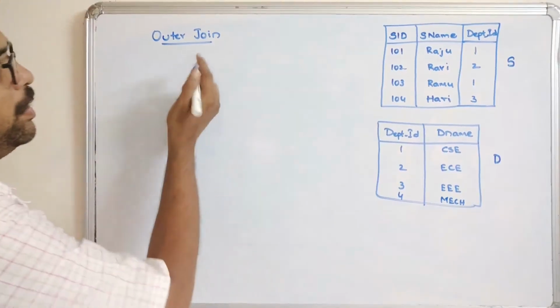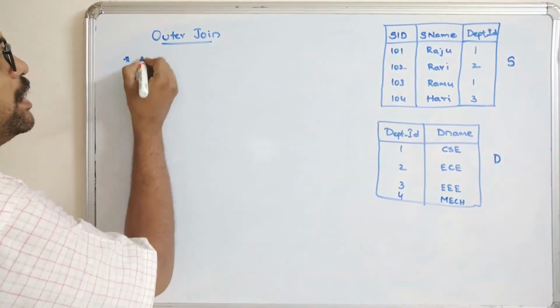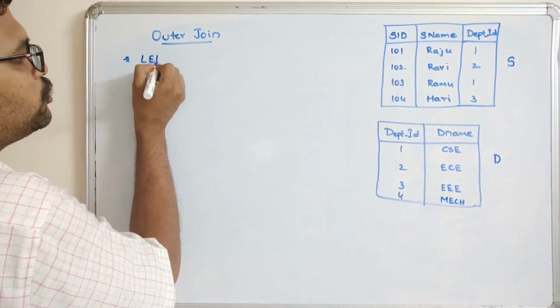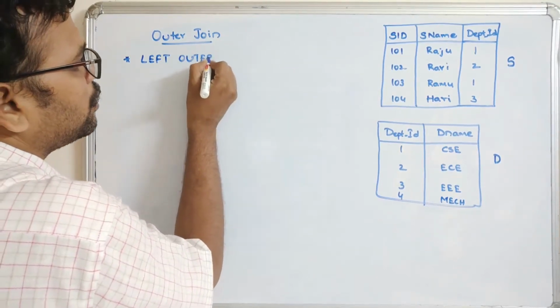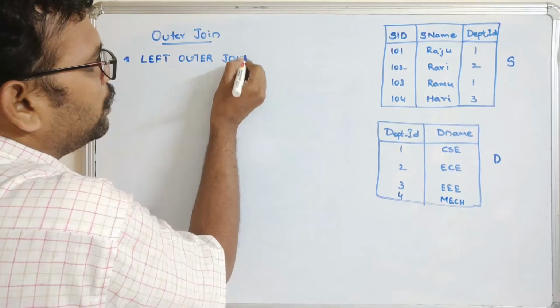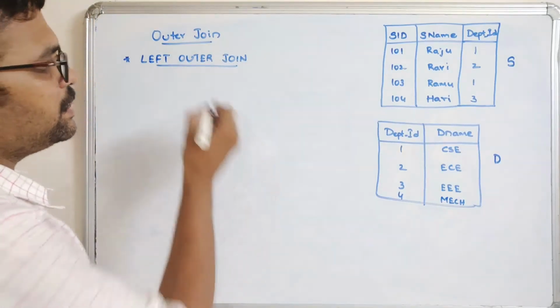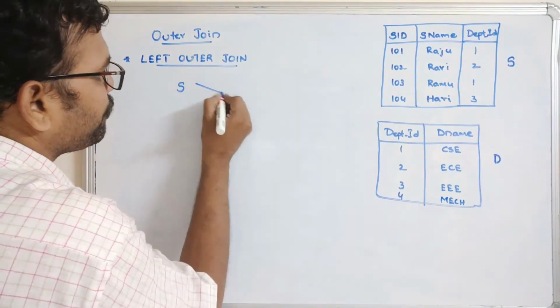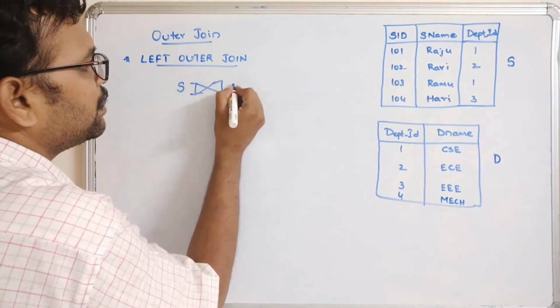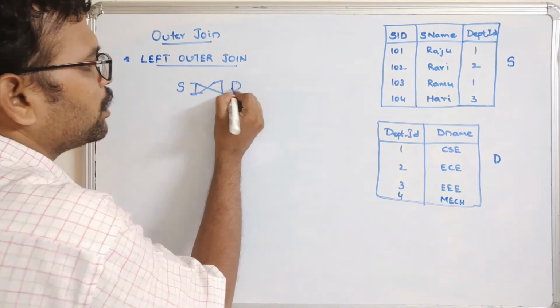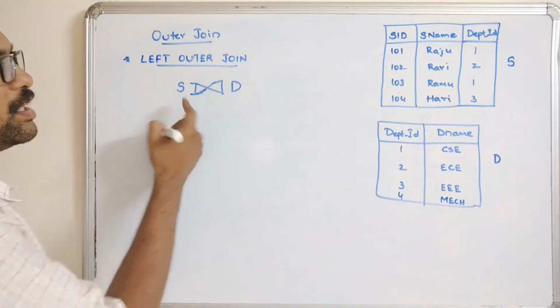In outer join, first we will go with the left outer join. Left outer join means, this is the notation for left outer join.